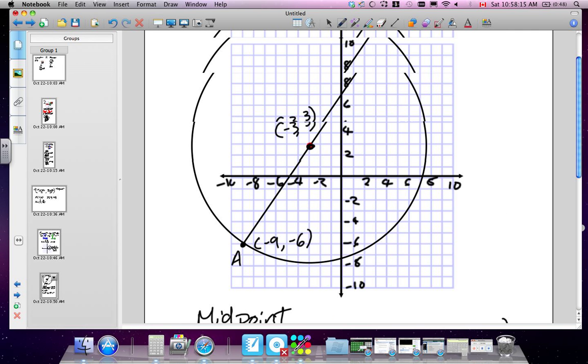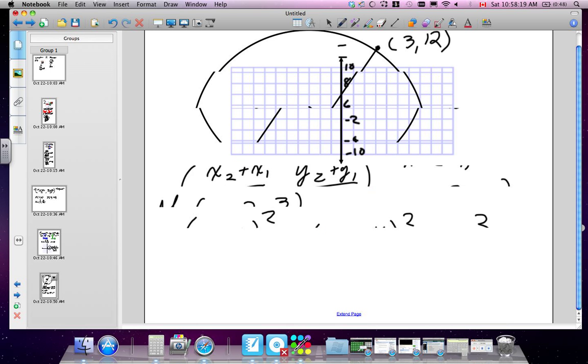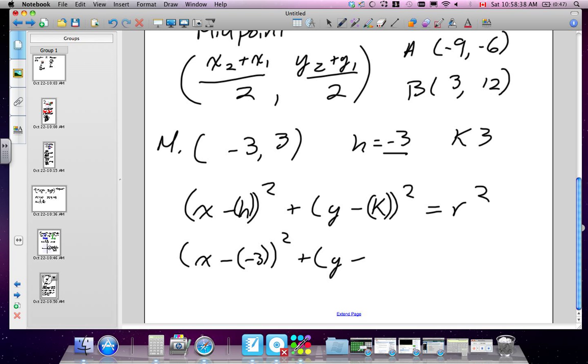So I'm actually going to plug those in. We knew that h is -3 and k is 3. So I get x minus, what's h? h is negative 3. (x minus -3) squared plus (y minus 3) squared equals r squared.